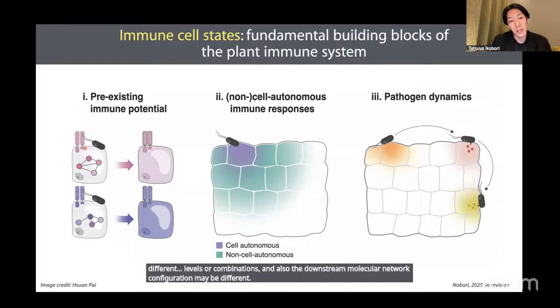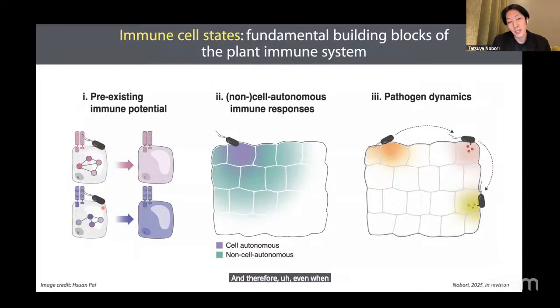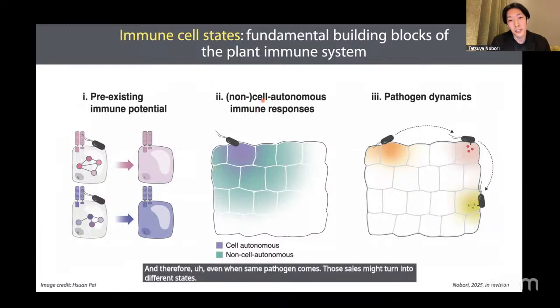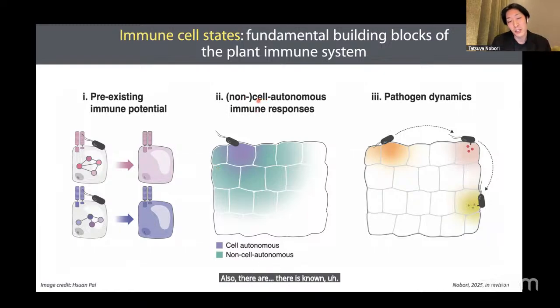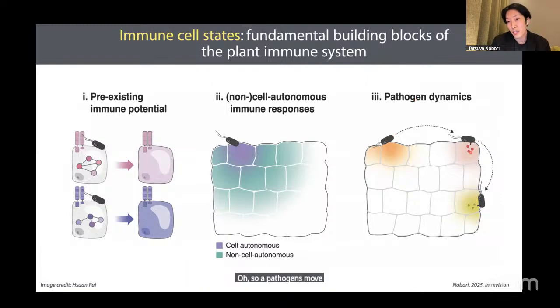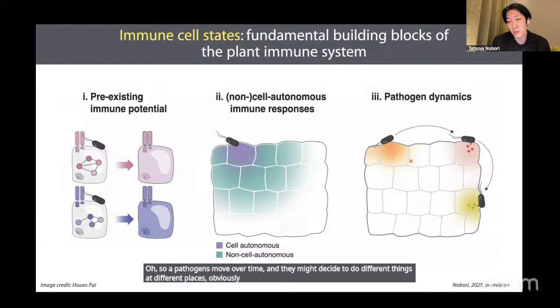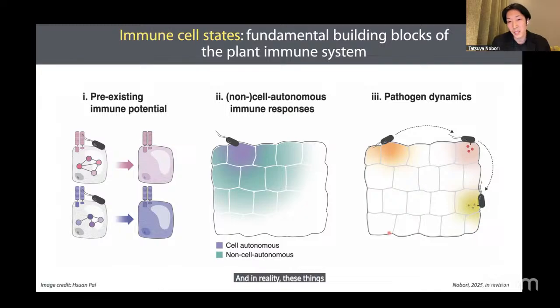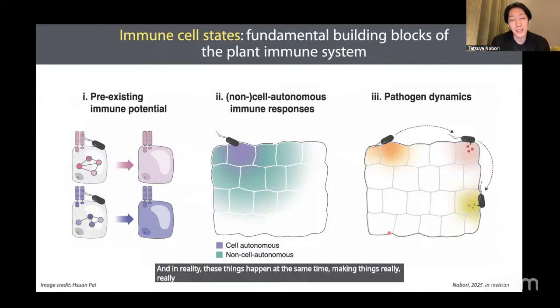And therefore, even when the same pathogen comes, those cells might turn into different states. Also, there are the cell autonomous and non-cell autonomous immune responses that can create this kind of gradation pattern. Also, pathogens move over time and they might decide to do different things at different places, obviously affecting cellular responses of plants. And in reality, these things happen at the same time, making things really, really complicated.